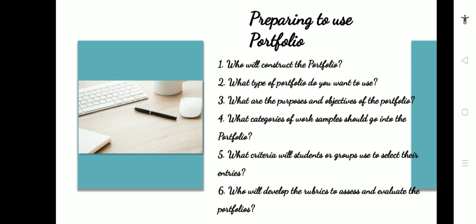Next is, what are the purposes and objectives of the portfolio? Then, what categories of work samples should go into the portfolios? The fifth one is, what criteria will students or groups use to select their entries? The last one is, who will develop the rubrics to assess and evaluate the portfolios?